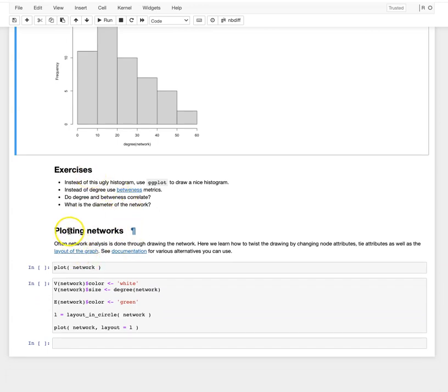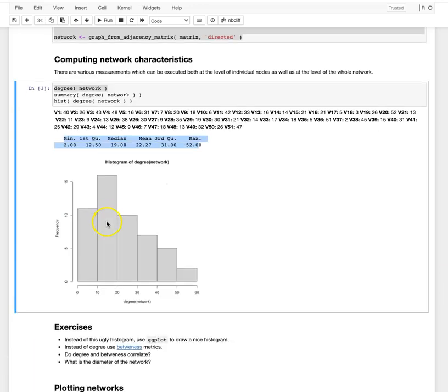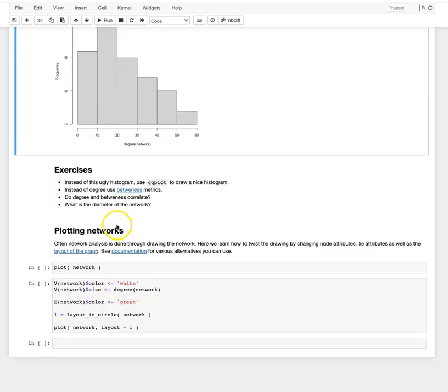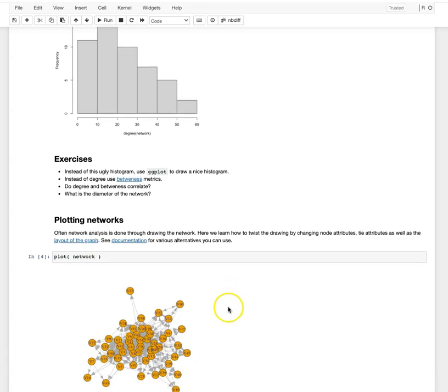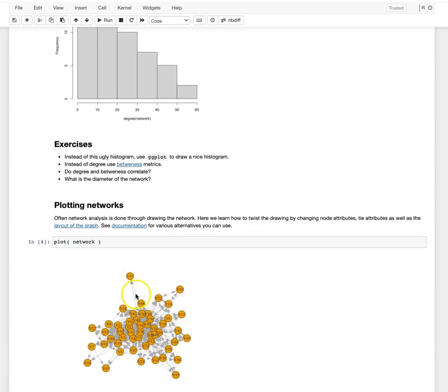I'm also looking at, or one way of beyond looking at these descriptives is to also plot the network, so visualize it. So here we have the nodes. Each of these dots is a person, and each of these arrows is a connection between those persons, and you can see that the arrows do have directions.